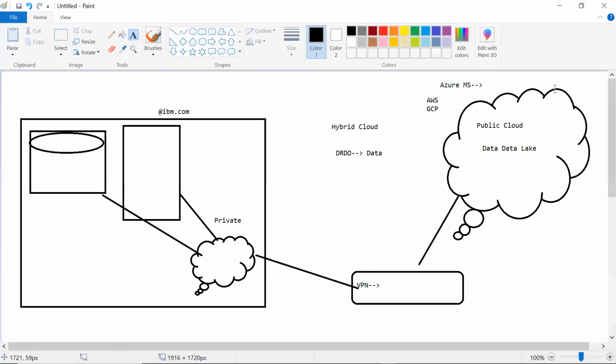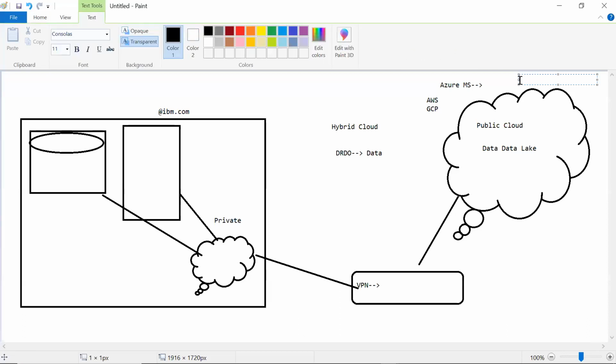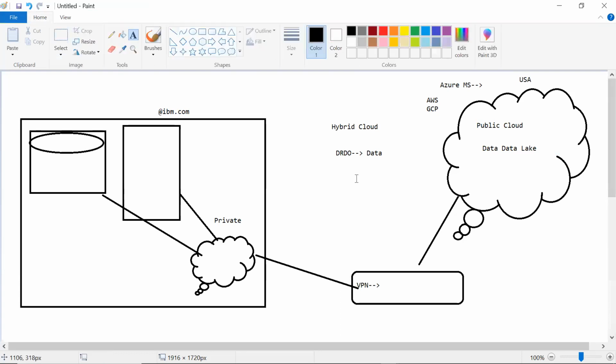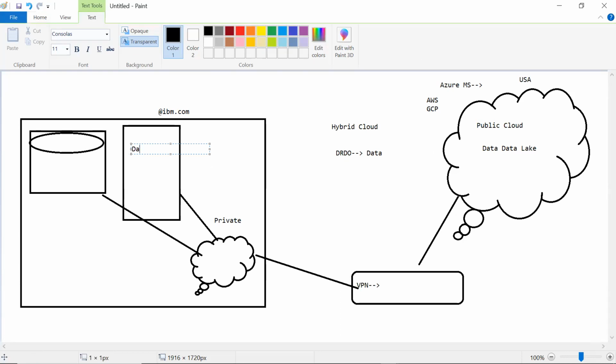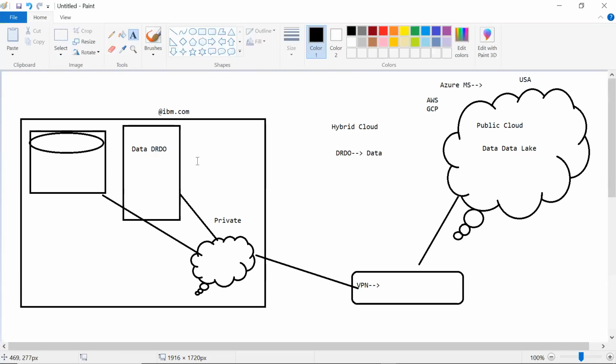But at the end of the day, this Azure is also from a US company. Microsoft is a US company. So I don't want to store any kind of private data in the cloud. Yes, definitely there will be security, but still some companies want to maintain whatever data they have on-premises only.